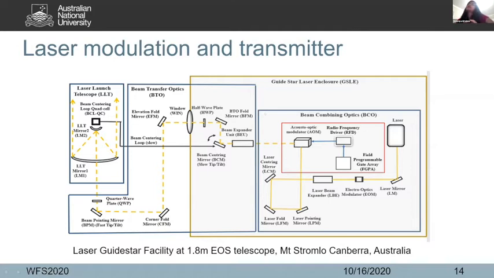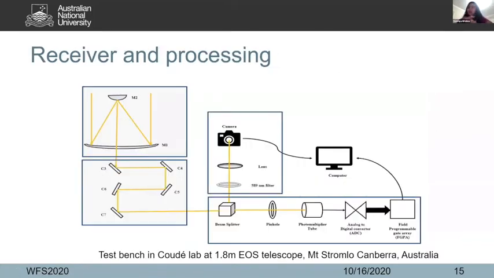The modulated pulse from the AOM will propagate along the optical path and will be sent to the sky through the laser launch telescope. Once it goes up there, the return photons from the sky will be collected on the primary mirror of the 1.8 meter telescope, and travel through the mirrors in the coude path, and a part of it will be sent to a photomultiplier tube.